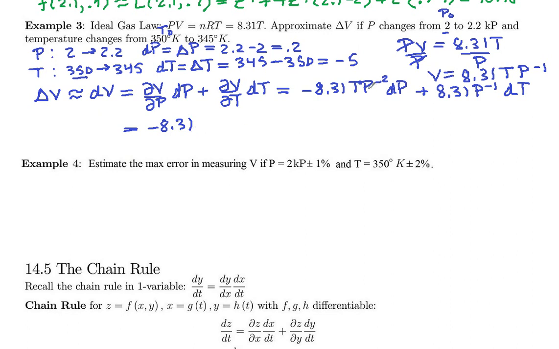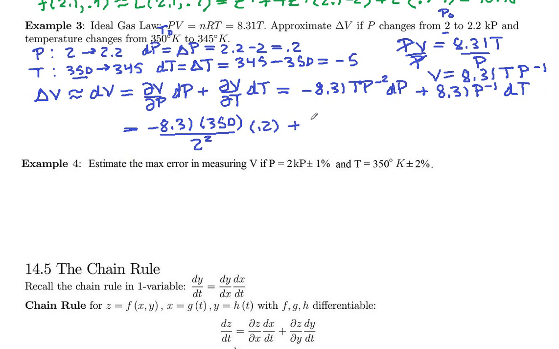So this is T, P to the -2, so the temperature is at 350. And then P to the -2 is P squared on the bottom. So that pressure was 2, and it gets squared in the denominator. And then times dP, and dP is right here, 0.2.